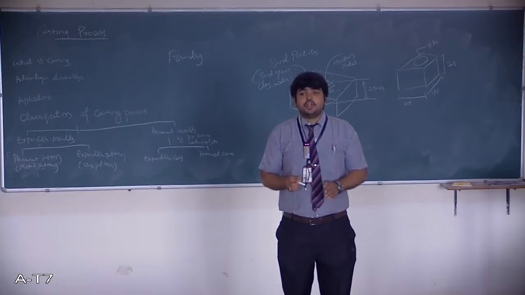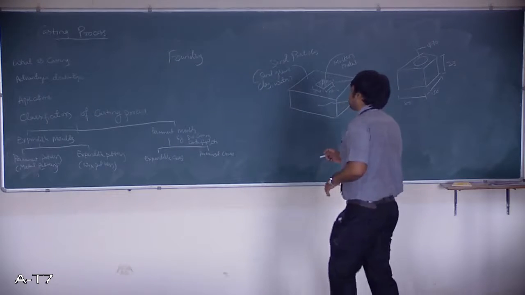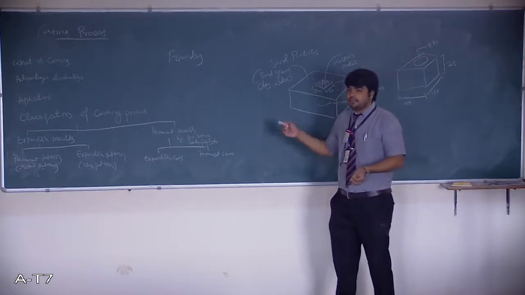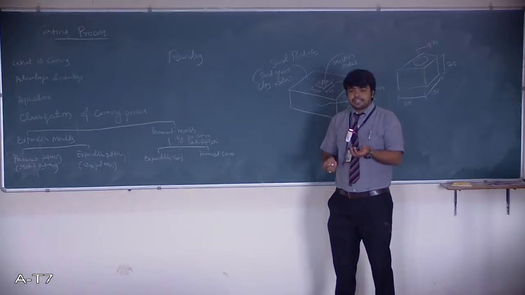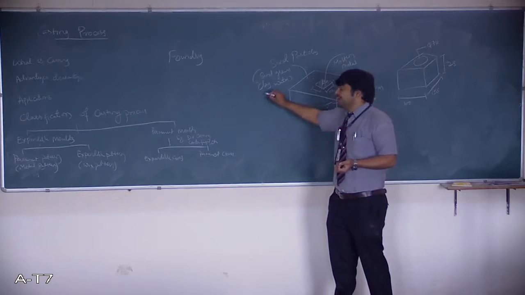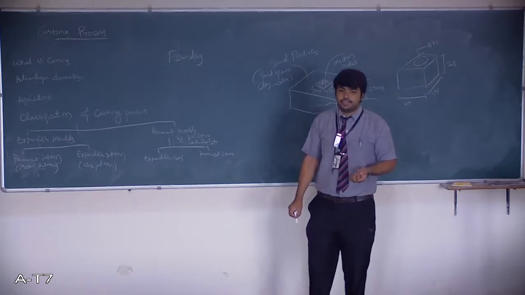In modern technology, we make use of certain chemicals instead of clay and water. Here I have mentioned something called clay and water. You cannot simply take fresh sand and make a mold. You require an external agent which makes the sand grains stick together. So that is where we make use of clay. Okay, clay is termed bentonite in foundry terms.